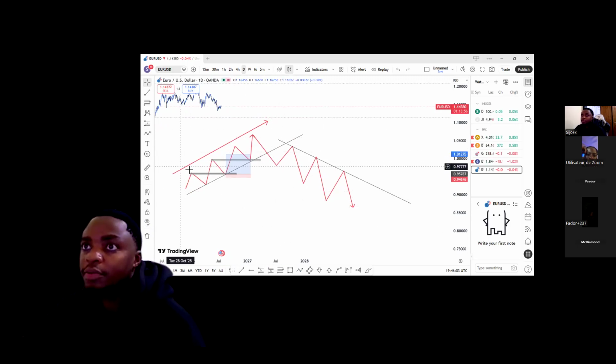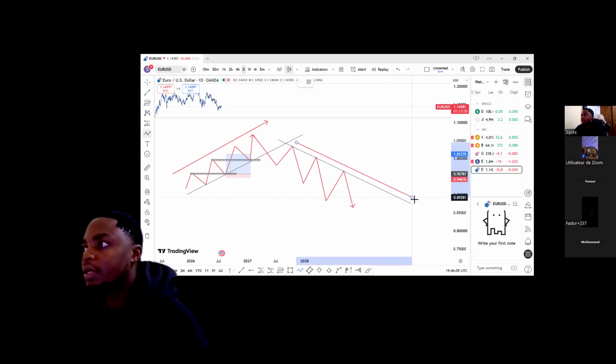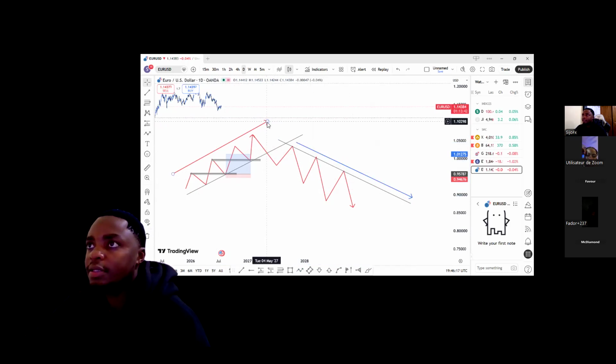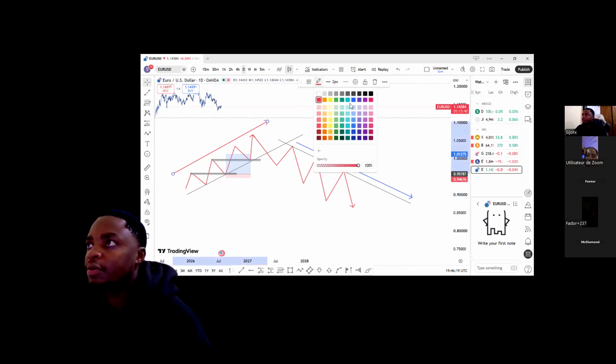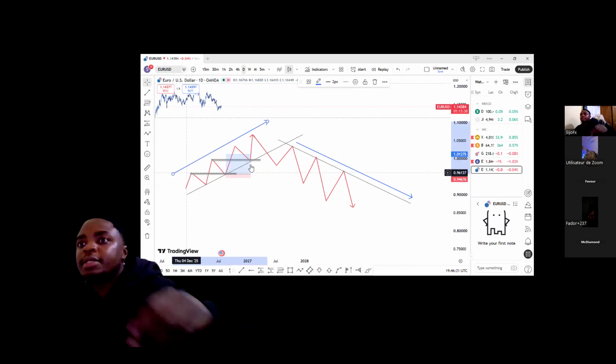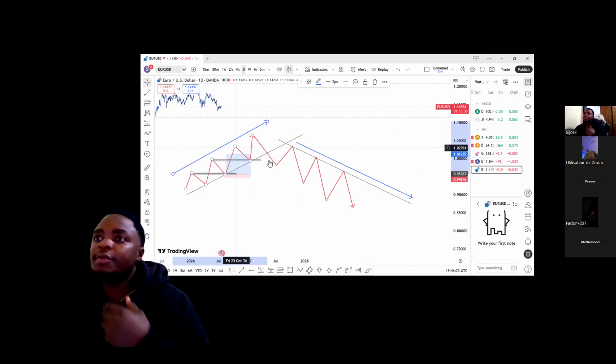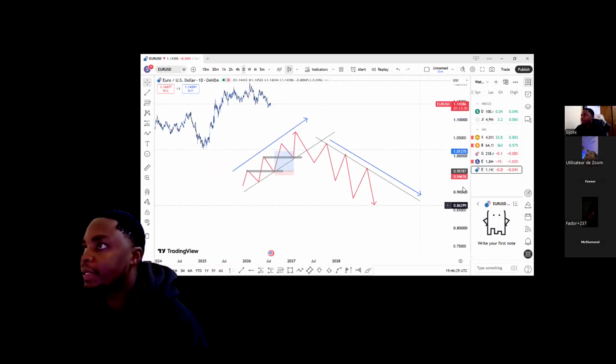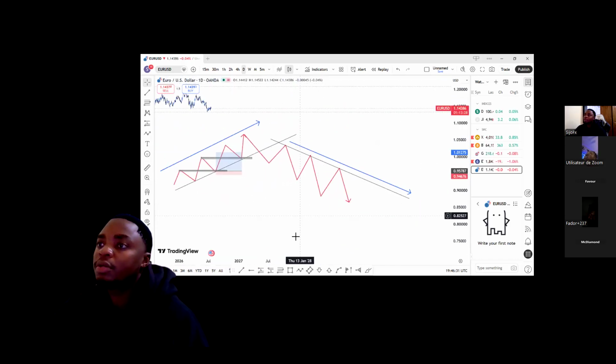And when it's going down like this, we call this one a bearish market or a downtrend. Let me just change the color to blue. When the market is trending up, we call it a bullish market or an uptrend. And when it's trending down, we call it a bearish market structure or a downtrend.